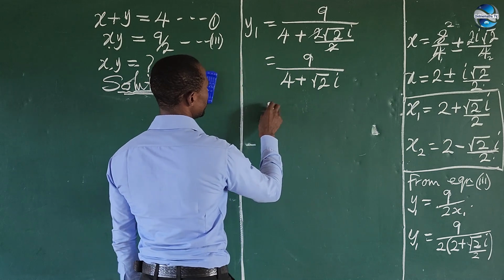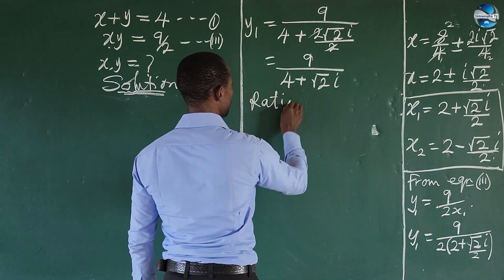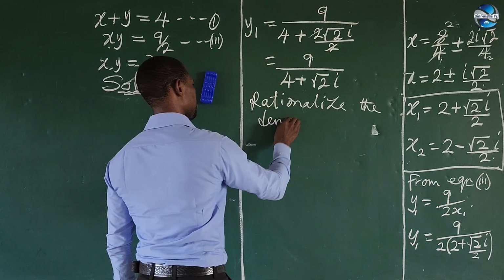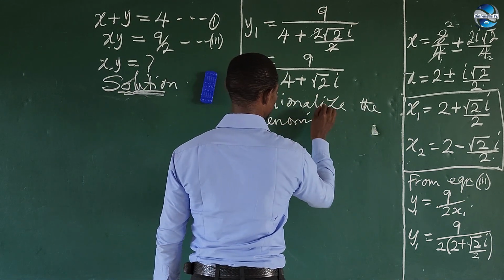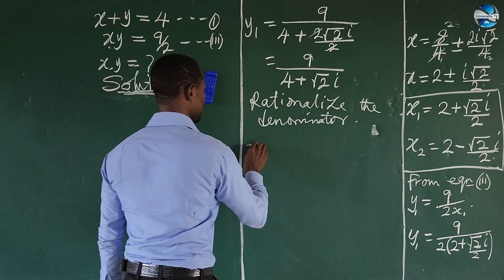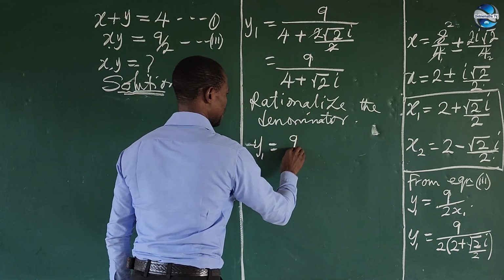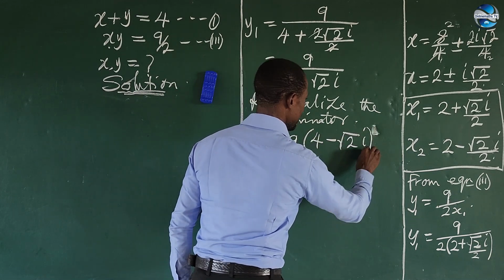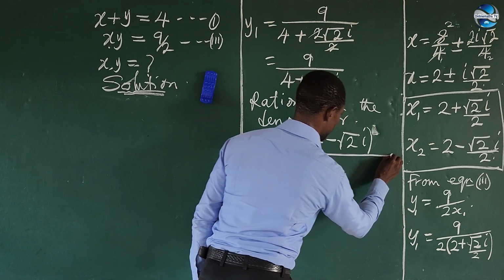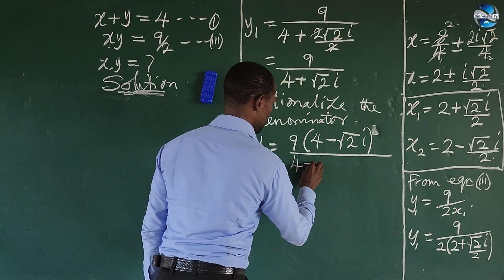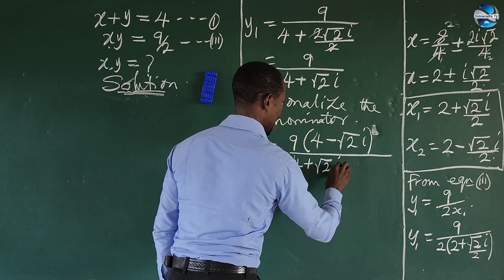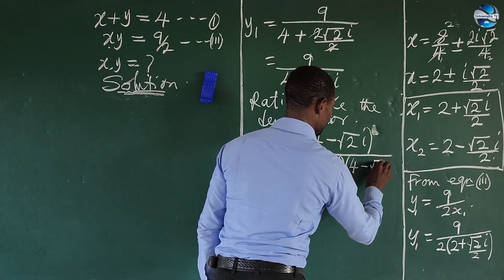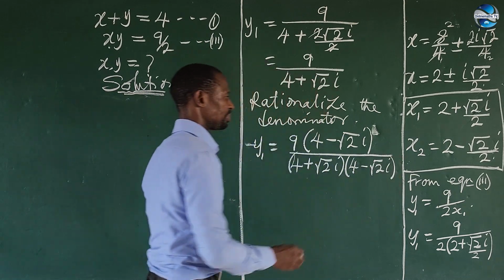This is going to give us y1 is equal to 9 times the conjugate, 4 minus the square root of 2i, close bracket, everything all over 4 plus the square root of 2 iota, then close bracket, bracket 4, then minus square root of 2 iota. Okay? All right.